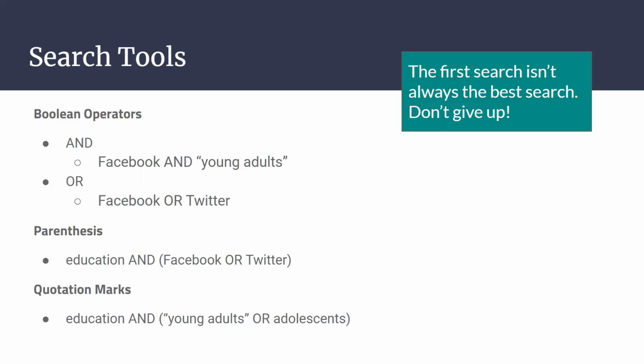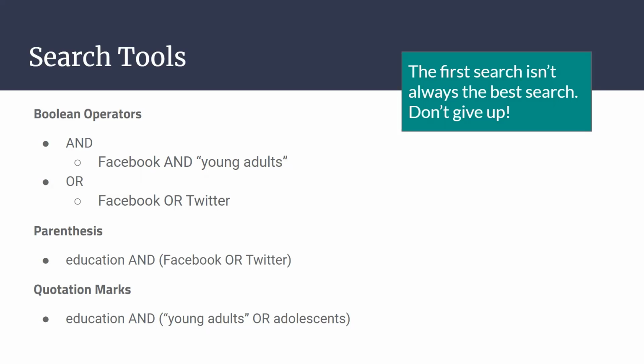Parentheses help us to use synonyms and to expand our results and to really get the kind of information that would be beneficial for us, but still allow us to focus a little bit. So in this case, we're looking at education and Facebook or Twitter.